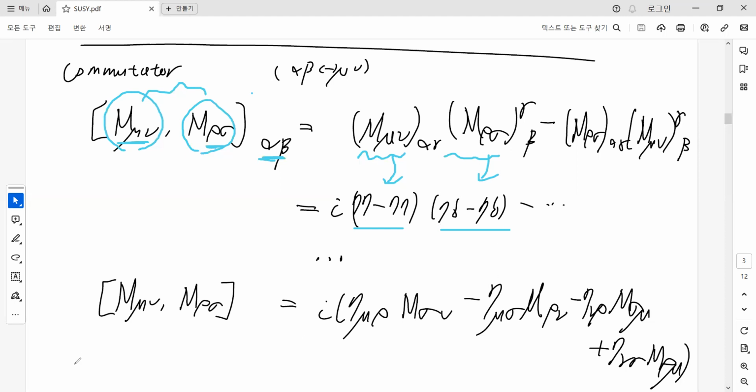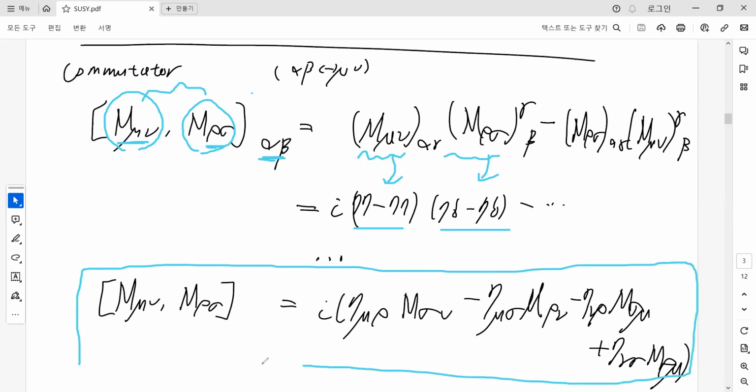Then we can obtain the commutator relation between M and M, and it is just a closed form. There will be another generator M with different indices, turning out with the Minkowski matrix.